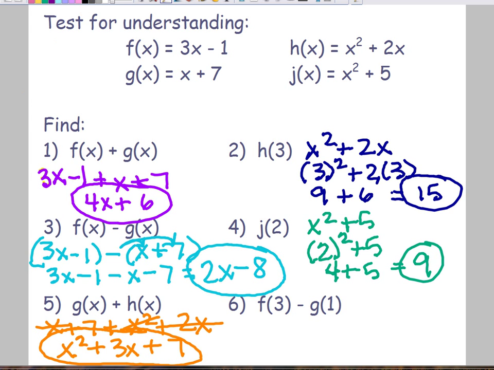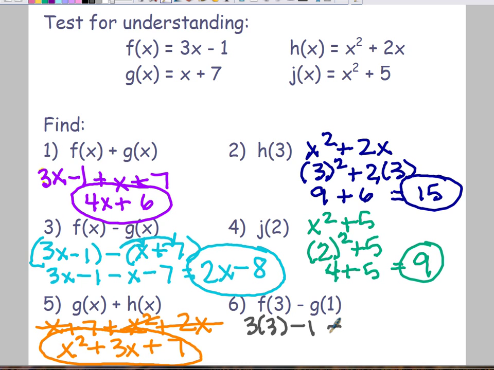And last but not least, let's take a look at f of 3 minus g of 1. This one tells me I have to do 2 different substitutions before I can subtract. So I'm going to do f of 3 gives me 3 times 3 minus 1.